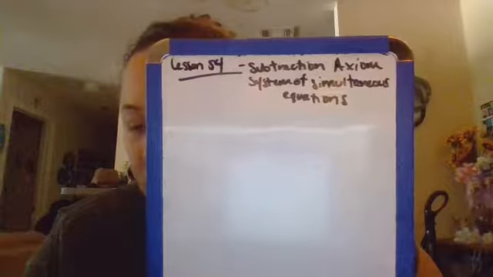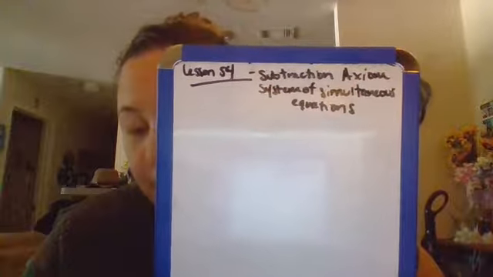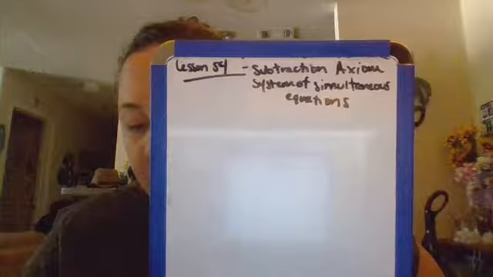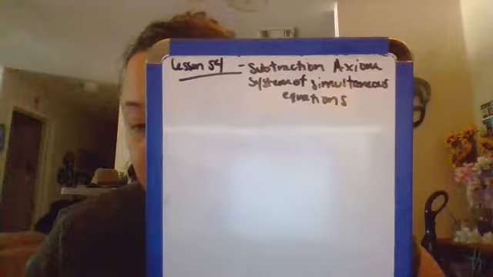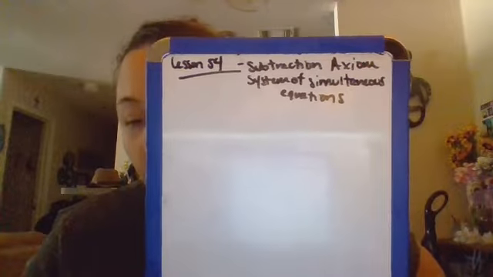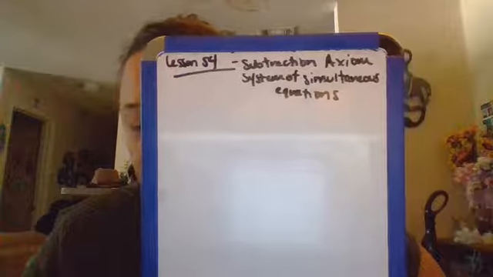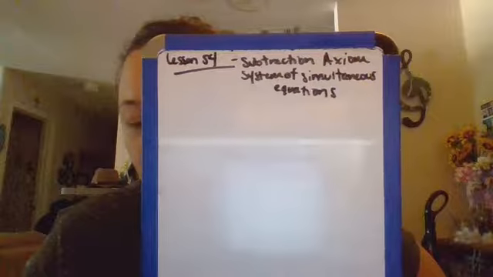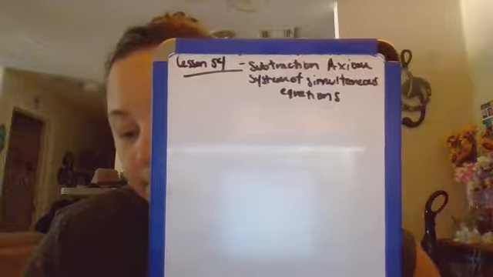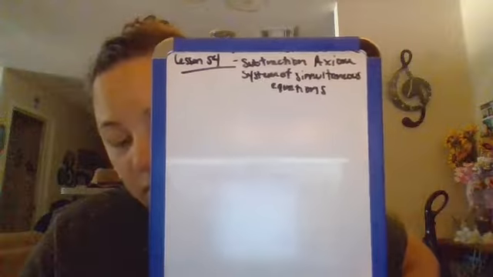For any numbers a and b, if a equals b, then a and b may be substituted for each other. And if a equals b, then a may replace b or b may replace a in any statement without changing the truth or falsity of the statement. And then the system of simultaneous equations said that if we need one solution that will satisfy two or more equations. So basically, we're going to put those two things together to solve these equations.